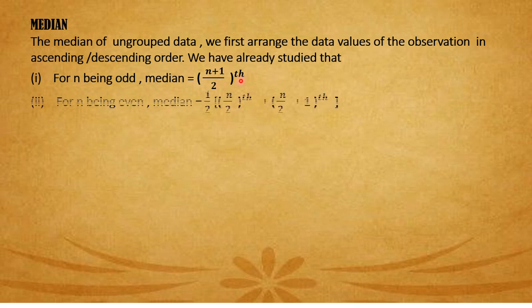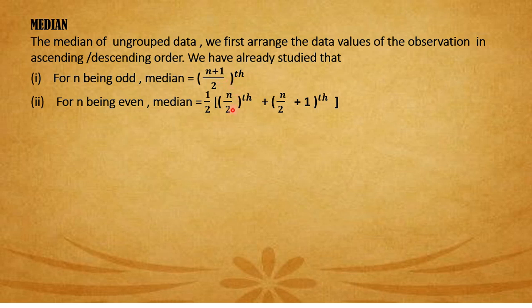And if the number of observations is even, then the median is the average of the n upon 2th term plus the (n upon 2 plus 1)th term. So these two define the median or mid value of the data for ungrouped data.